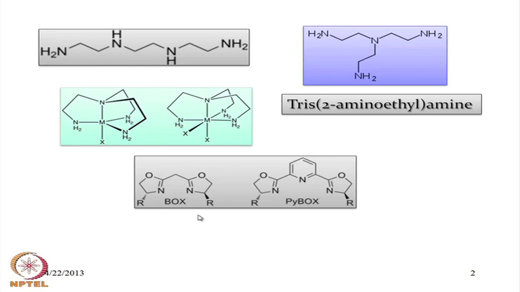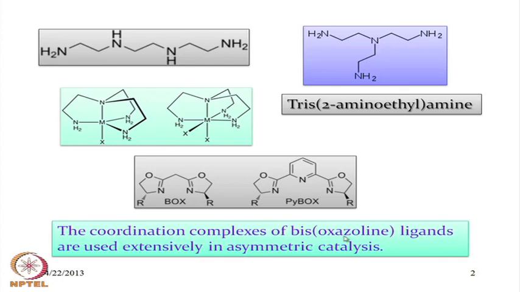Then we can have another type of ligand which is very useful in organic synthesis, known as BOX, which is a bis-oxazoline type of ligand. The bis-oxazoline type of ligand is abbreviated as BOX because this is the oxazoline ring.